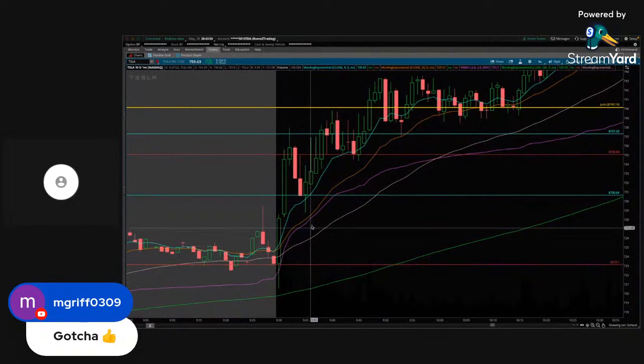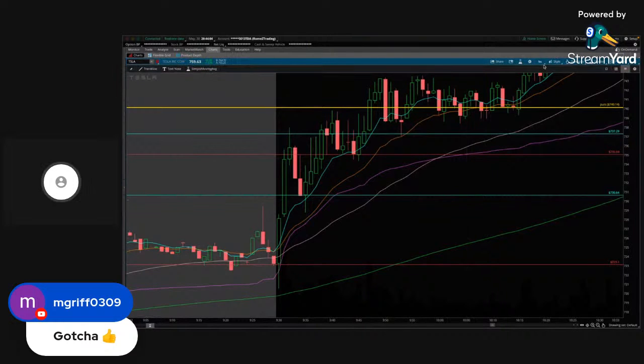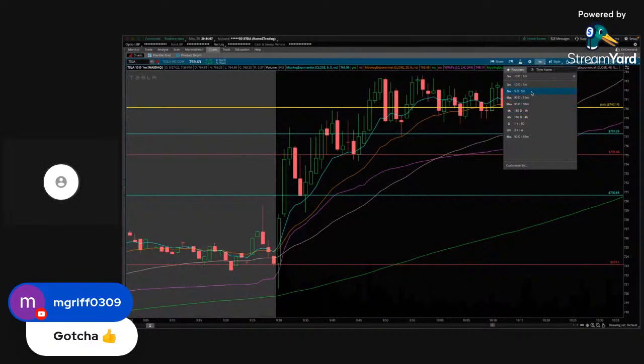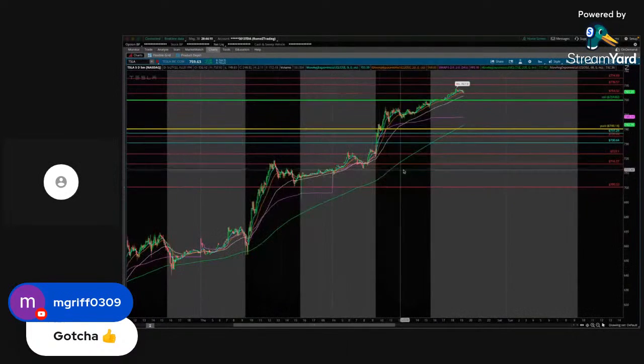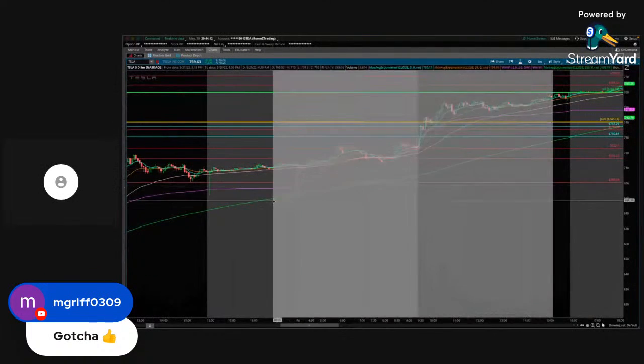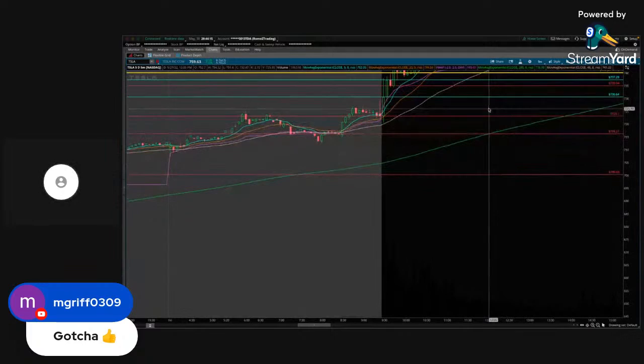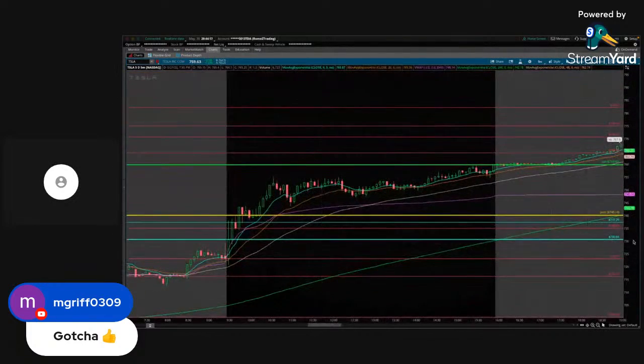So I want to make sure I have higher lows at the same time that I'm getting into calls. If I don't have higher lows, then there's really no reason for me to jump into a call on a 1-minute time frame. But what I always tell people is to look at the 5-minute time frame, because a 5-minute time frame gives you a bigger picture of what is happening. And I'll give you a little bit of an example.